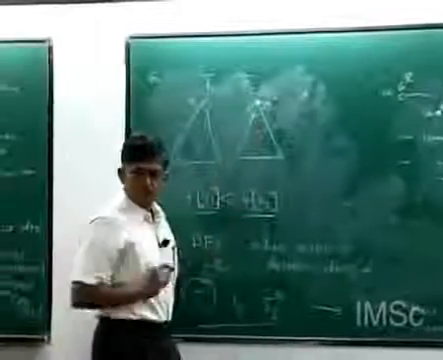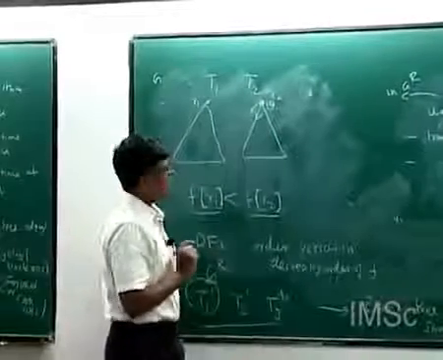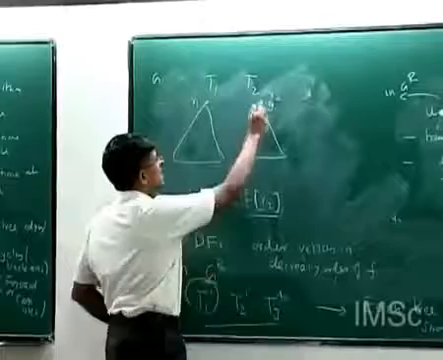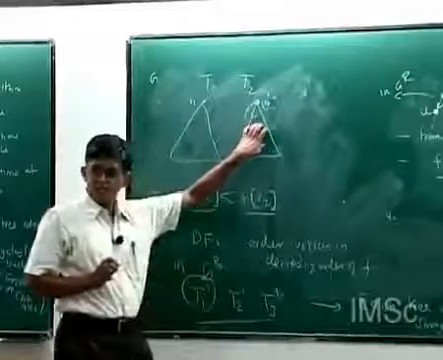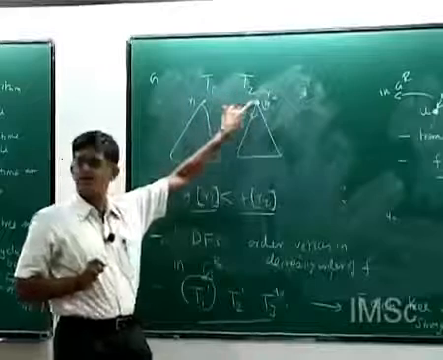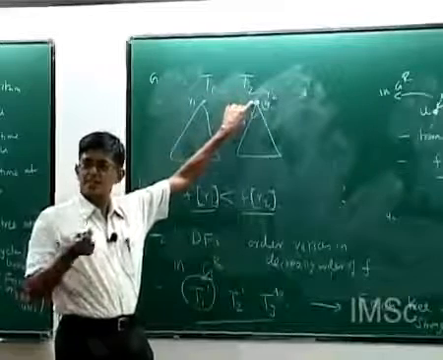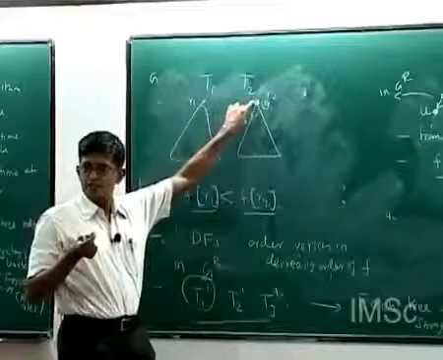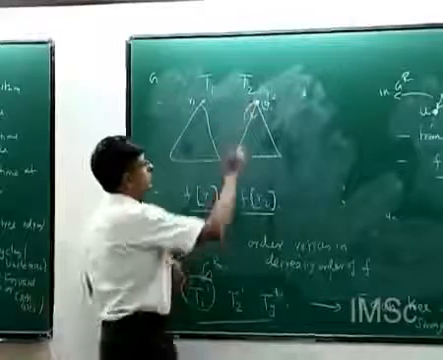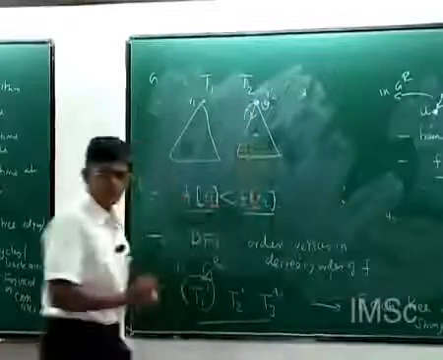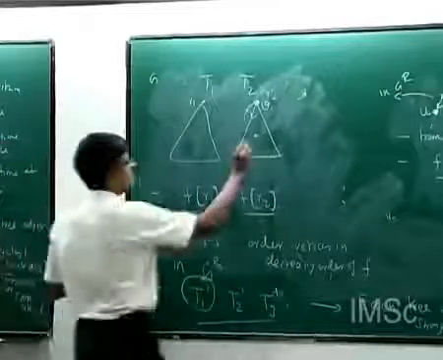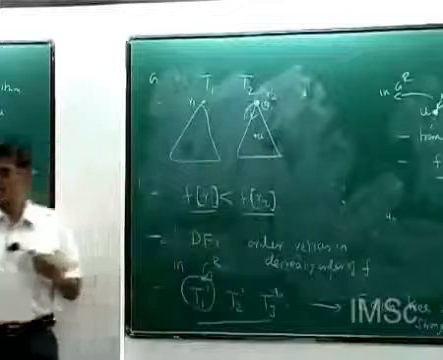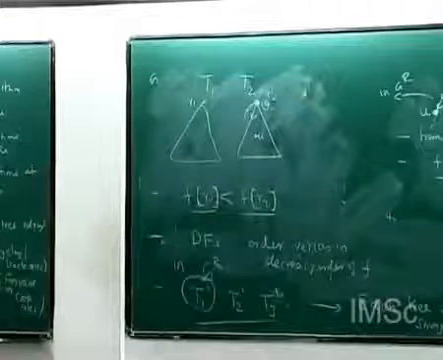If f of u is smaller than f of v, what are all the possibilities? Inside this particular tree, it's clear that this vertex would have had the largest finishing time value. Now, it's quite possible that this vertex u could have been here, in which case you are done.